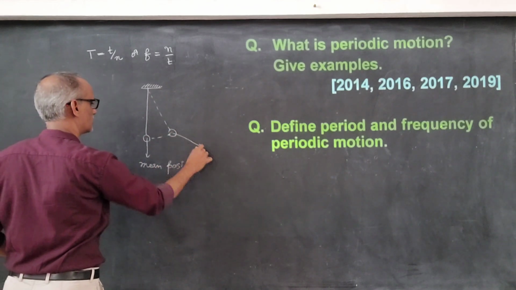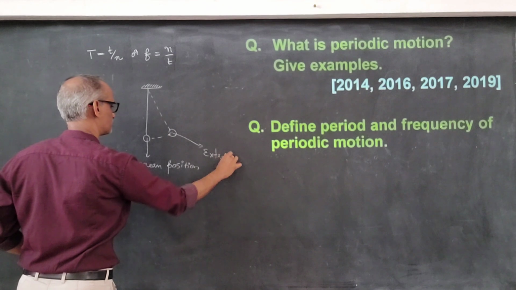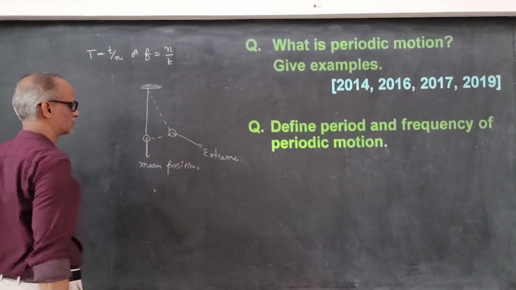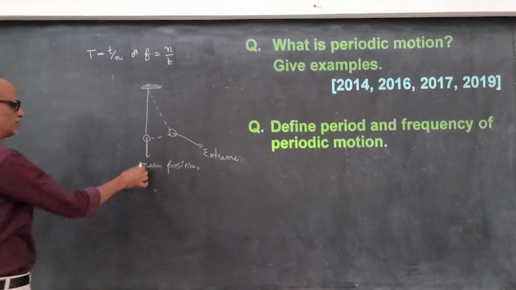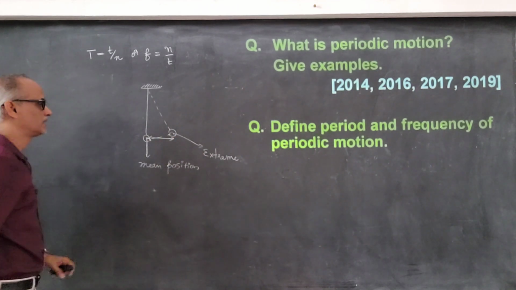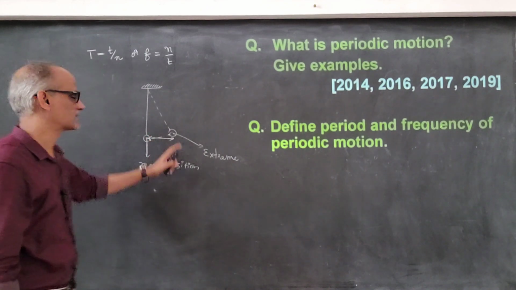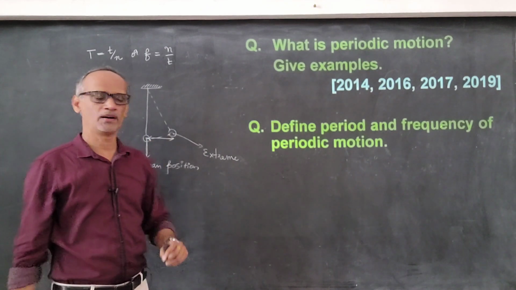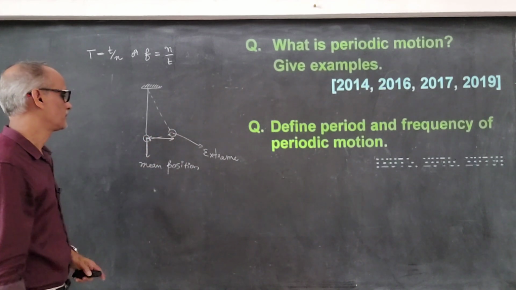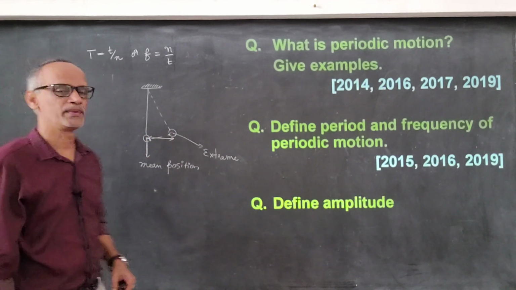This is called the extreme position. This is the mean position, this is the extreme position. From the mean position to the extreme position, we can find the displacement. This is the maximum displacement of the particle from the mean position, and that is called the amplitude.